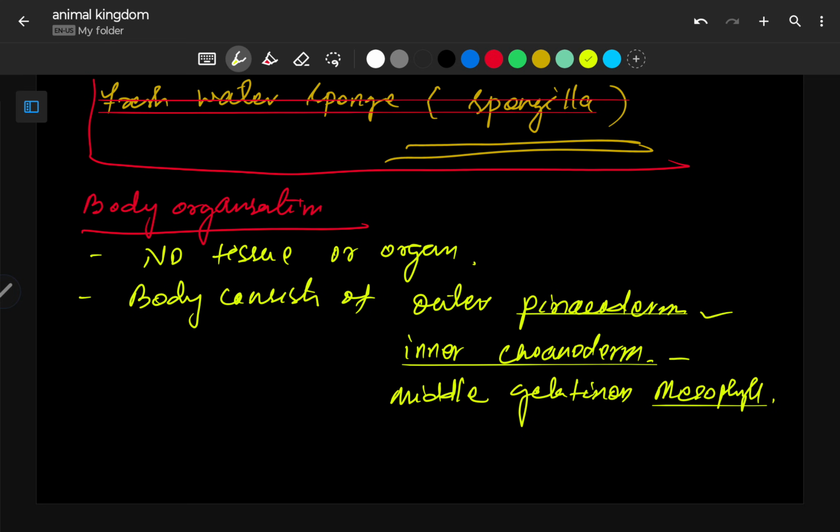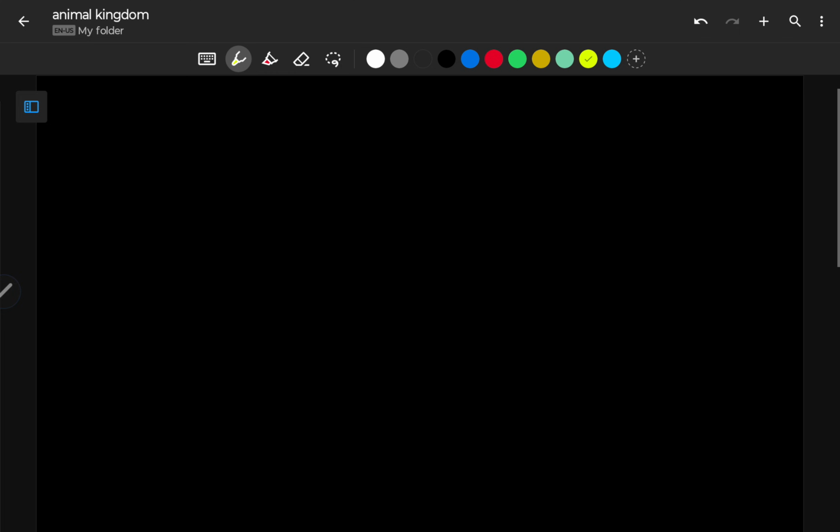Okay. Now the most special feature of this phylum, let us come to the unique feature. The unique feature is that they are having canal system.